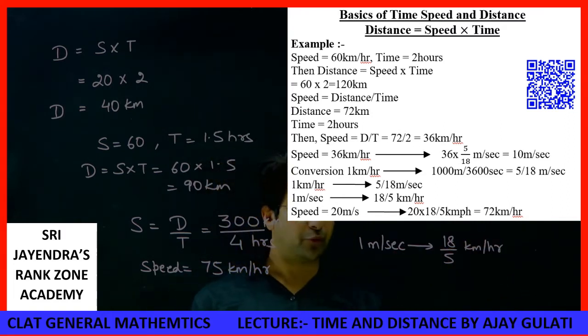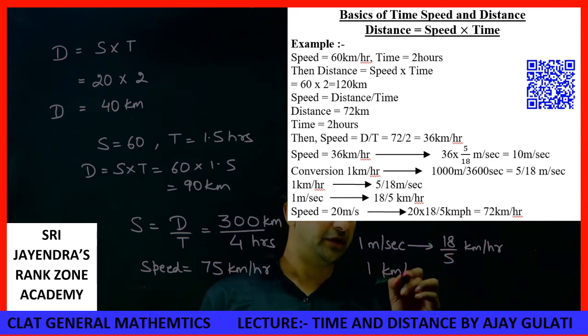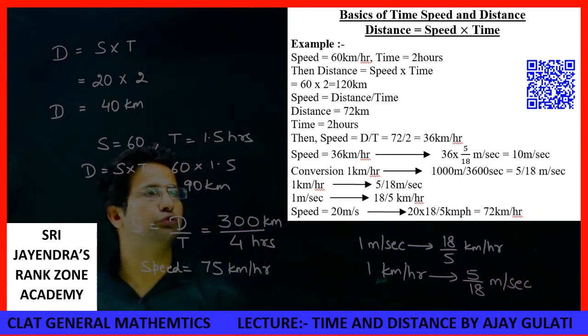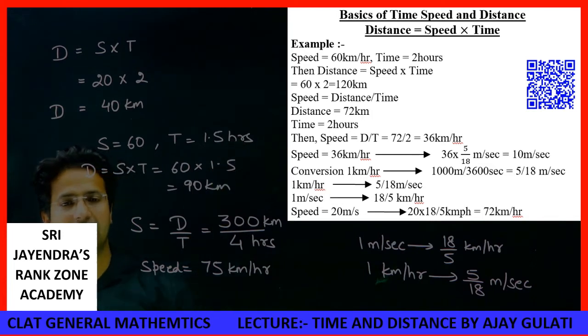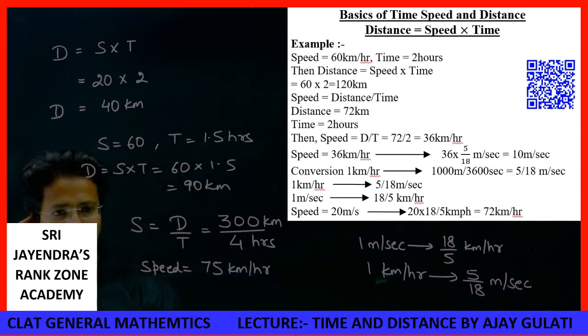And if I am being provided 1 kilometer per hour, I need to convert the speed into meter per second. So I will write it as 5 by 18 meter per second. You can also see a few more examples in this chart and other basic things. I'm moving on to the next concept and next examples.